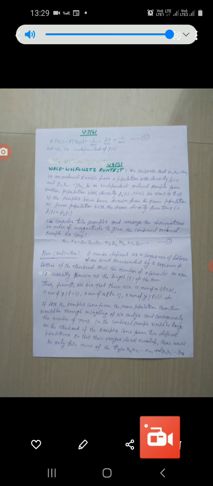If H0 holds, Fx(x) equals Fy(x), which means samples are drawn from the same population.